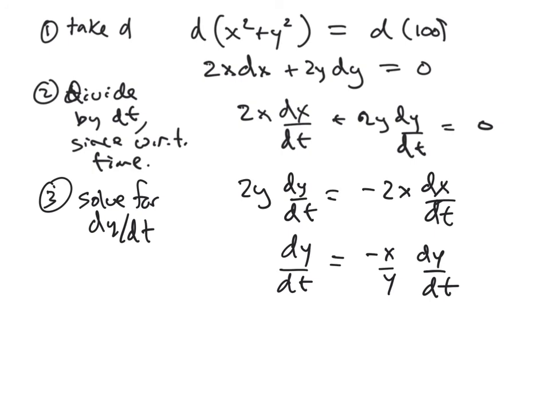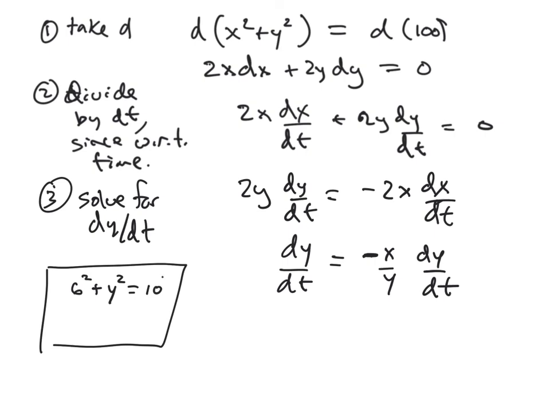Now, I do have one small problem here. I don't know what y is. I have x, but I can solve for y with some side work. I know x, we said, was 6 meters. I don't know y, but at the time that x is 6 meters, we know the length of the ladder is 10.